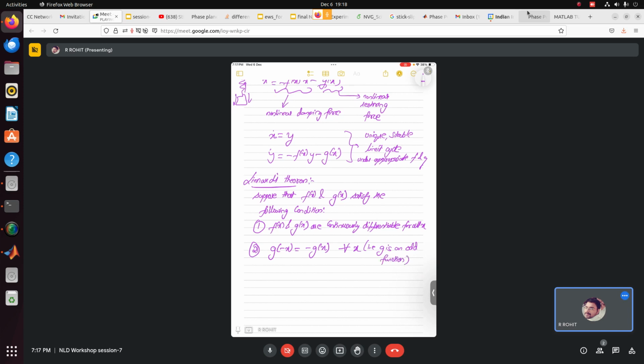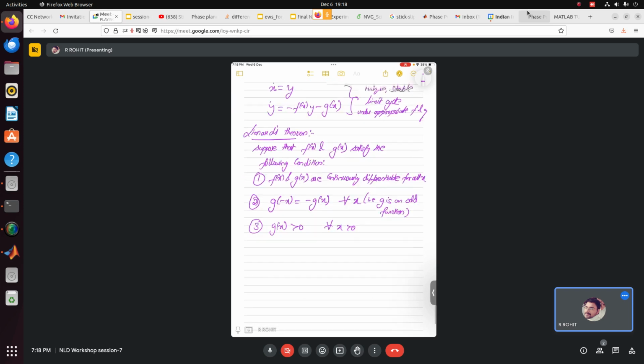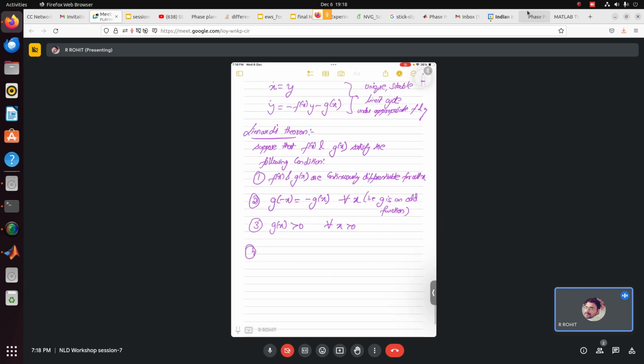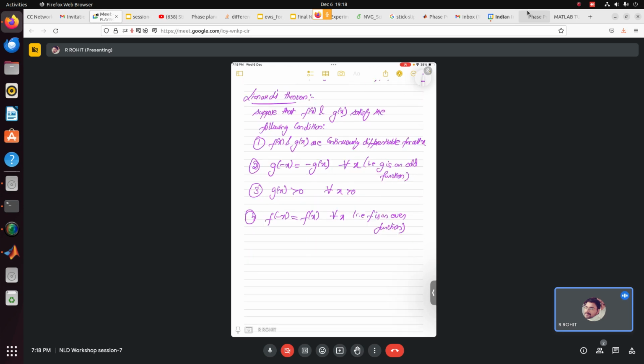The third condition is that g of x should be greater than 0 for all x greater than 0, and the fourth condition is that f of minus x should be equal to f of x for all x, that is, f is an even function. So f should be an even function, g should be an odd function, both should be continuously differentiable, and g of x should be greater than 0 for x greater than 0.